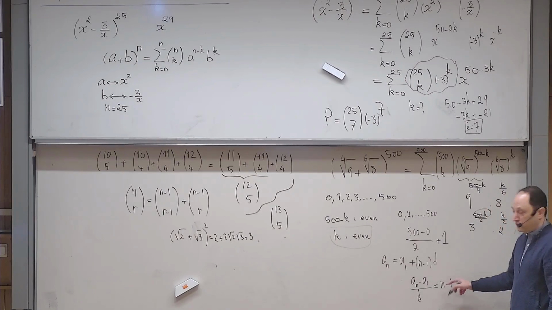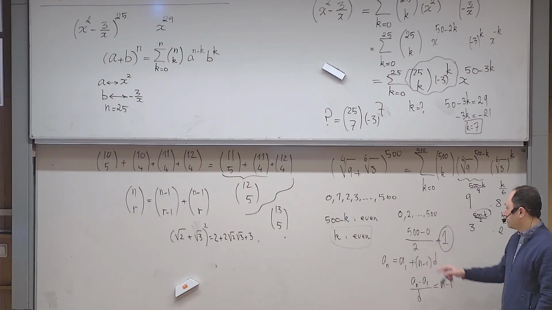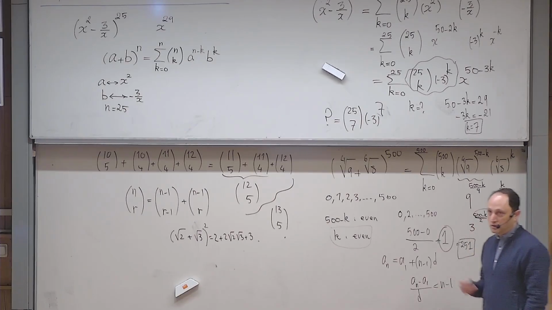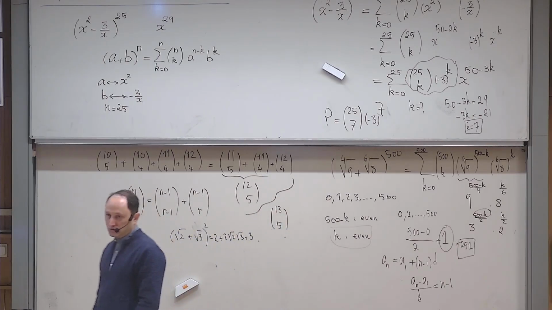So to find n, you have to move this 1 to the other side. So 500 divided by 2 is 250, and plus 1 is 251. So there are 251 terms involved that are integers.